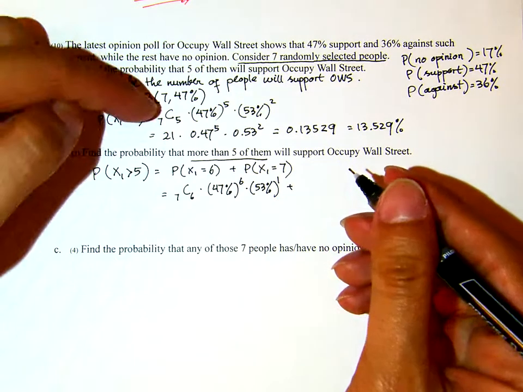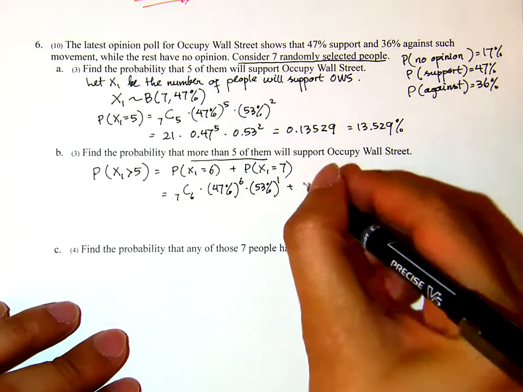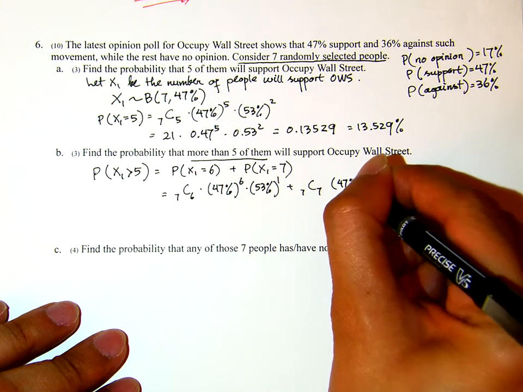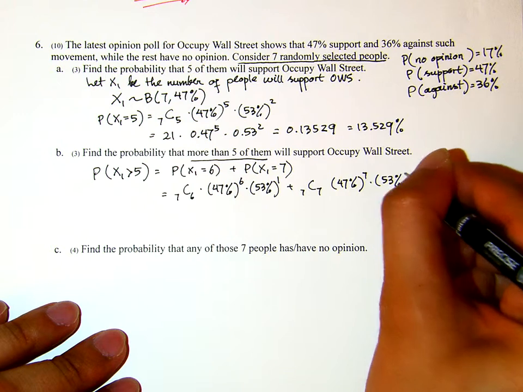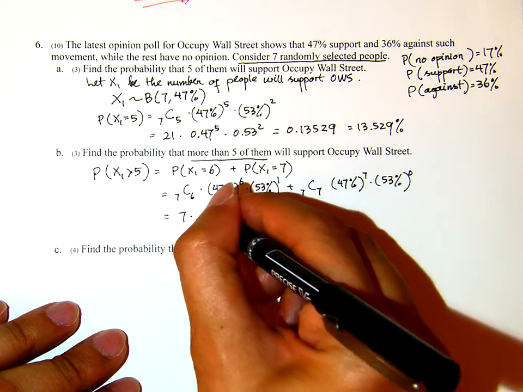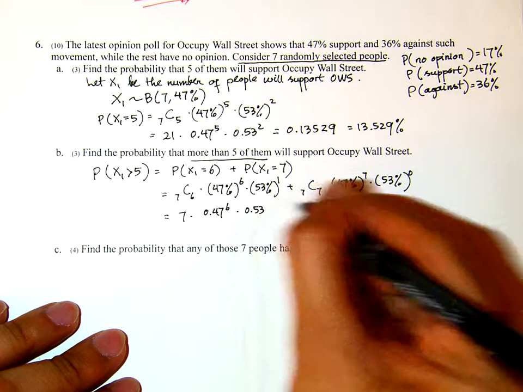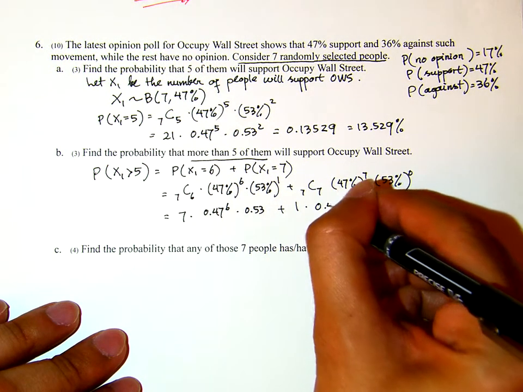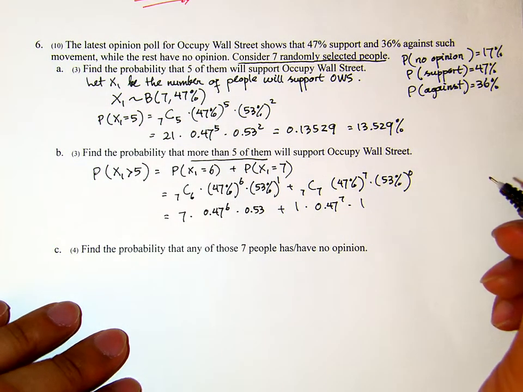I follow the pattern from part A, but this time for x equals 6 and x equals 7. The next one is 7 choose 7, 47% to the power of 7 times 53% to the power of 0, which equals 1. That's 7 times 0.47 to the power of 6 times 0.53 plus 1 times 0.47 to the power of 7.